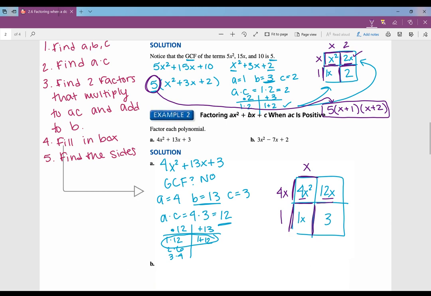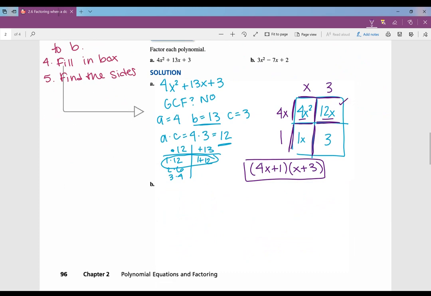If that's 1, we're going to have a 3. Double check our last box. We have 4x times 3. Is that 12x? Yeah. So we found our answer. It's going to be 4x plus 1 times x plus 3. And that is our final answer for part A.